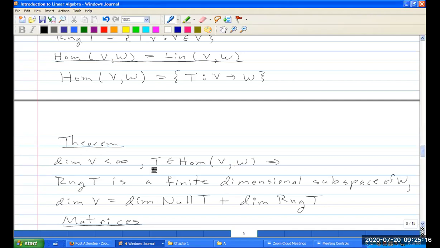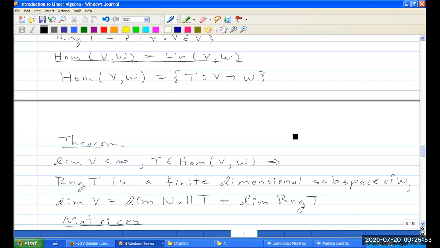This notation is just shorthand, so I don't have to keep writing it out. Let T be a linear transformation from V to W. Then the range of T is a finite dimensional subspace, and the dimension of V is the dimension of the null space of T plus the dimension of the range of T. This turns out to be one of the fundamental theorems of linear algebra.